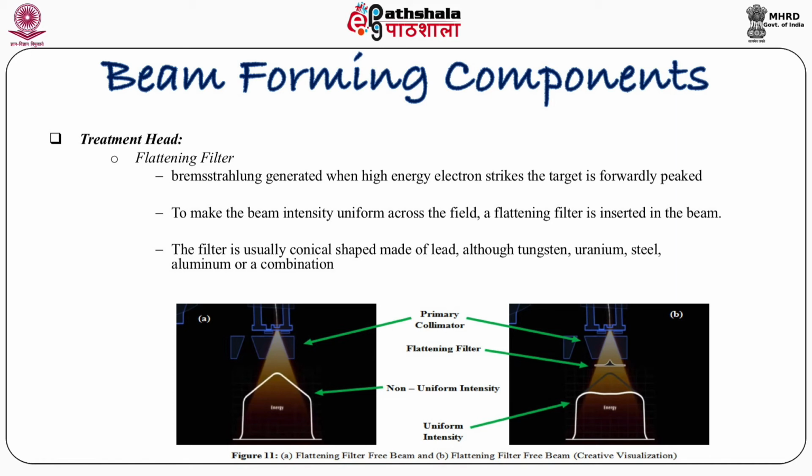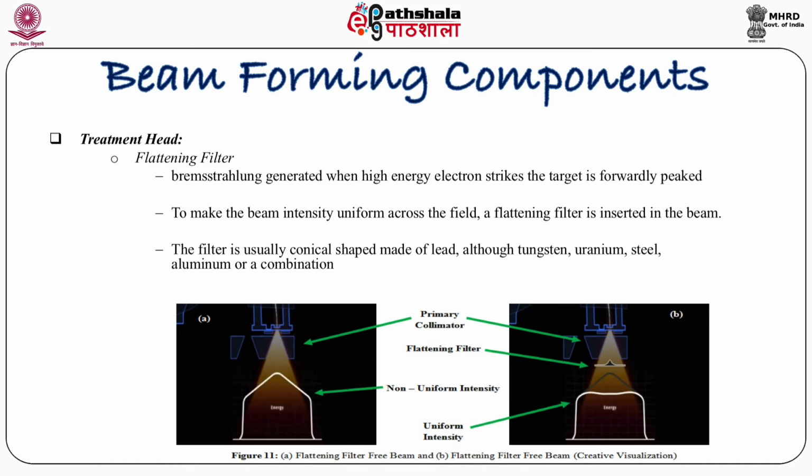We know that Bremsstrahlung radiation contains various energies from lower to high energy. We get a peak at a most probable energy in the output of the LINAC, but for treatment purposes, we want a uniform dose on a particular surface, or on a patient surface at different depths, but the output contains a peak in the center.